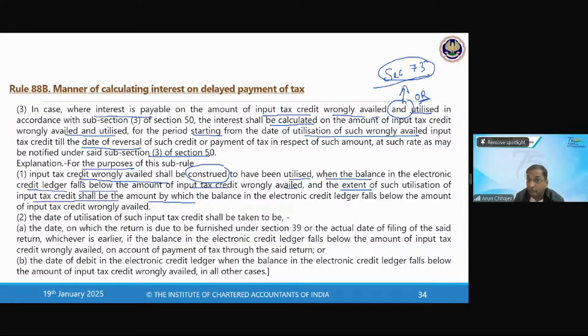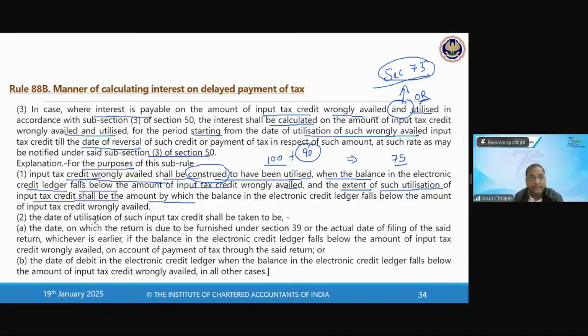I read it, very important explanation. ITC wrongly availed shall be construed to have been utilized, when? Suppose you had a balance of 100 rupees in your ledger. You have taken the wrong ITC of rupees 90, and today you have a balance of, let's say, 75 rupees. It means you have used the wrongly availed ITC, to the extent of the amount which is reduced.